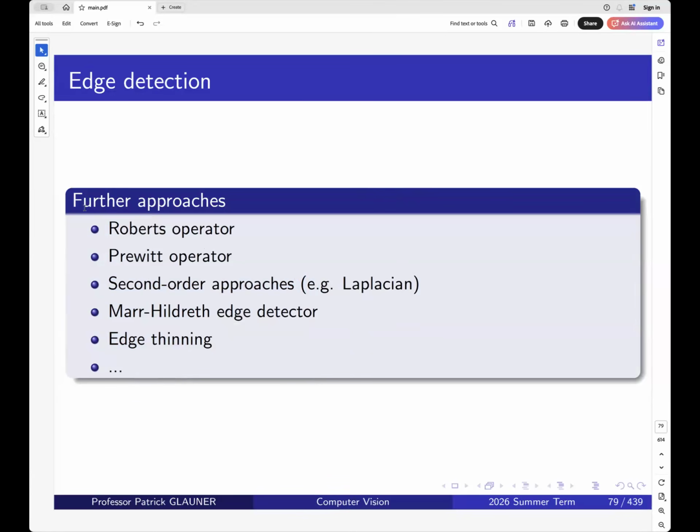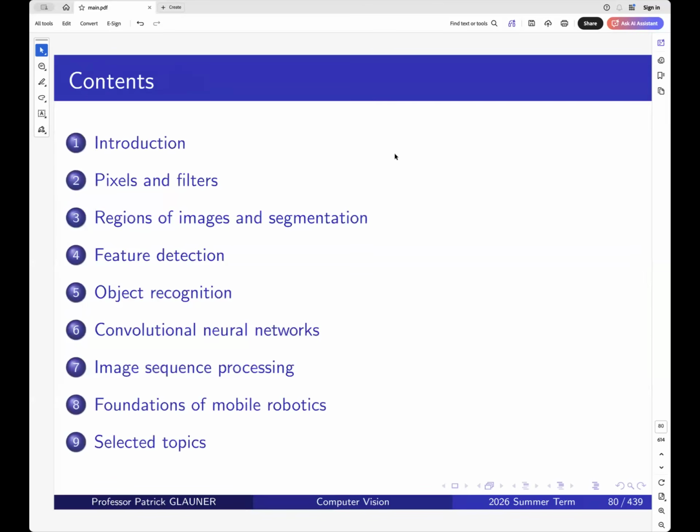Probably you find some on Wikipedia or other sources as well. But you can try them out, compare them, and implement some of them from scratch if you wish for further practice. And you see the Sobel operator already gives quite okay results for a very simple approach that we could just define and test relatively easily.